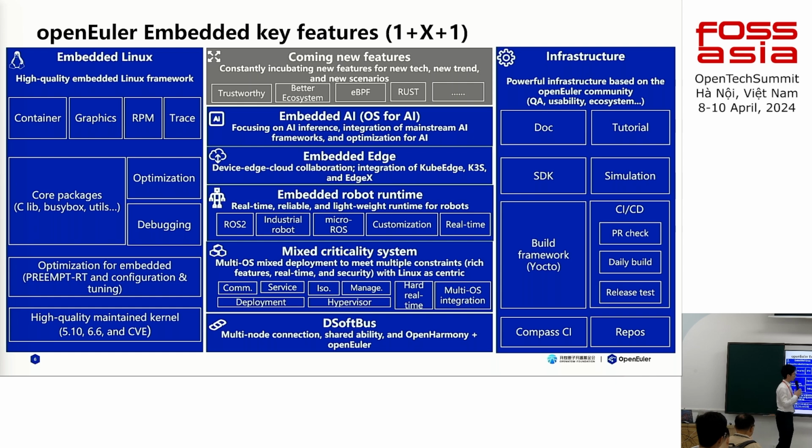As for the infrastructure, we choose Compass-CI as the foundation technology for our CI/CD system, and we choose Yocto as our building framework, as I said before.